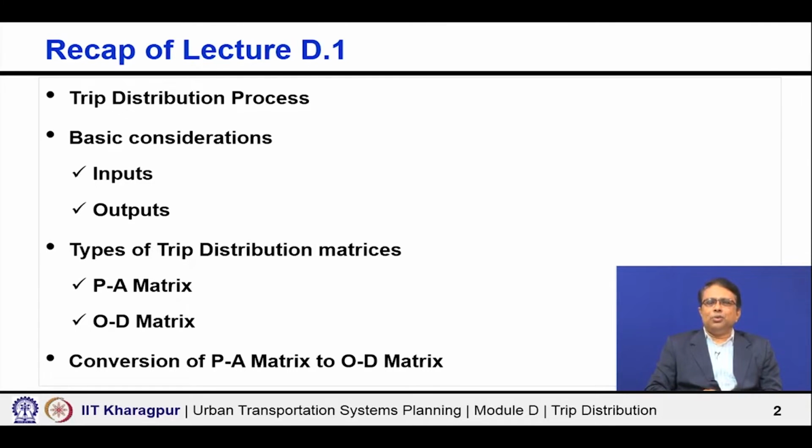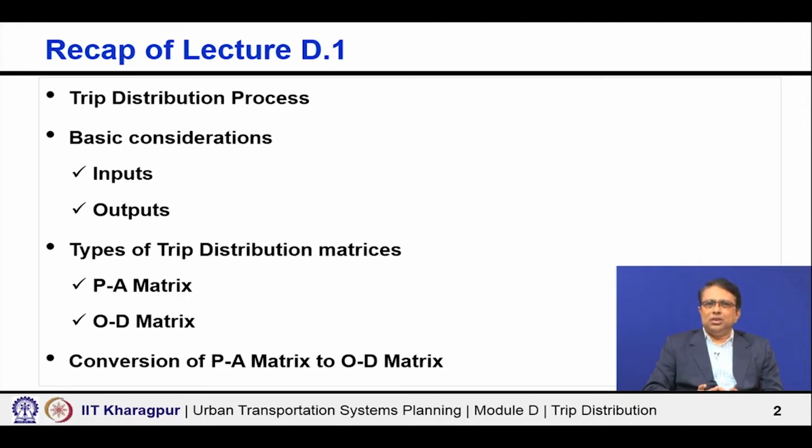So, how many productions are happening in zone 1, with respect to travel between 1 and 2. But in the OD matrix, we give specific directional travel. If we say 1 to 2, that means specifically it is from 1 and to 2, that is, direction towards zone 2.